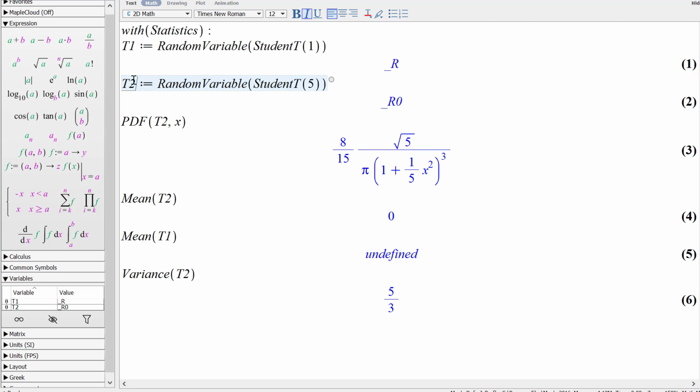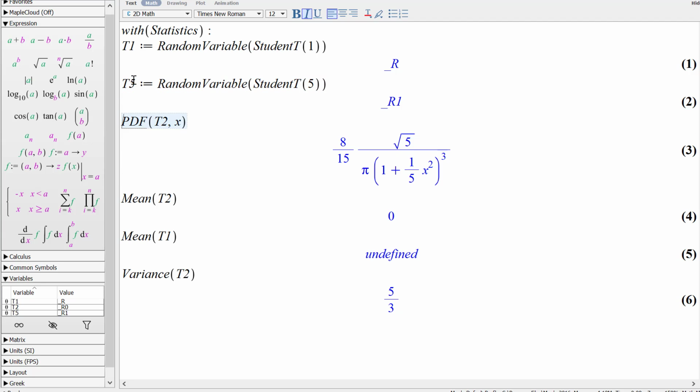Actually, now that I think about it, t5 would probably be a much better name for this, since it has 5 degrees of freedom. So let's just fix that quickly. You can see that the t-distribution has a higher variance than the standard normal, which has a variance of 1.